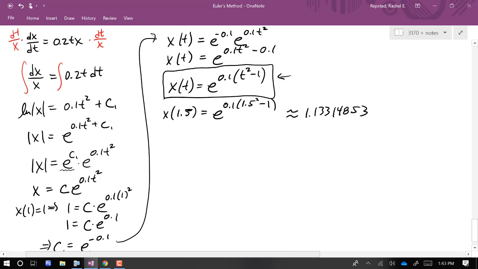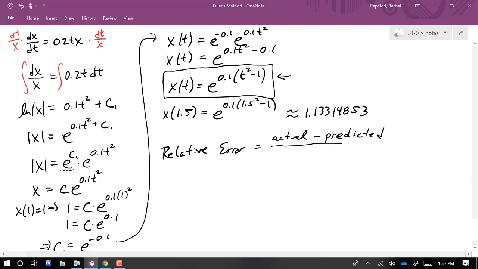Okay, so now to find the relative error, I'm going to take the actual value, what we just computed using the function we found, 1.13314853, minus the predicted value, what we got when we used Euler's method.